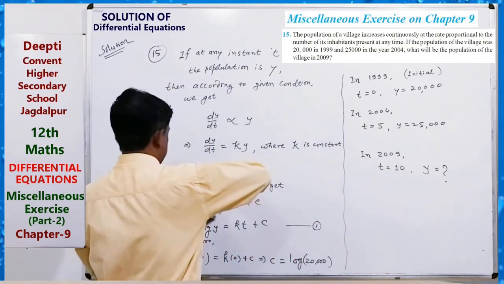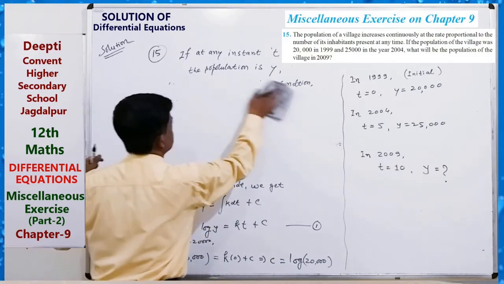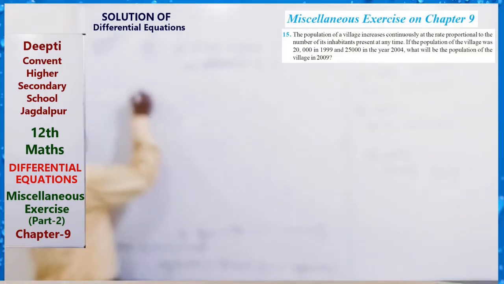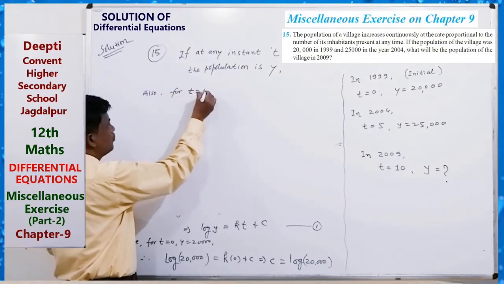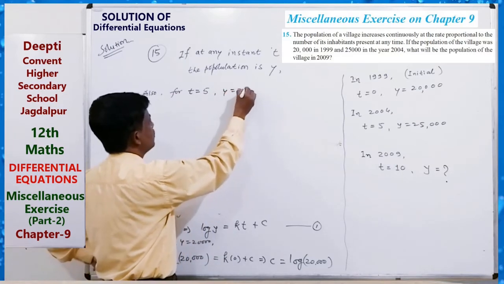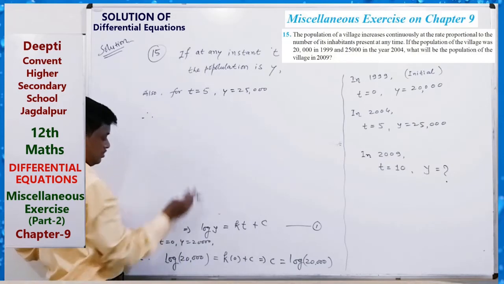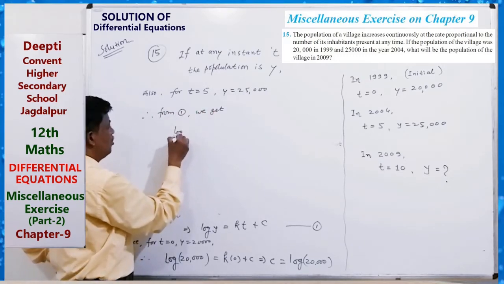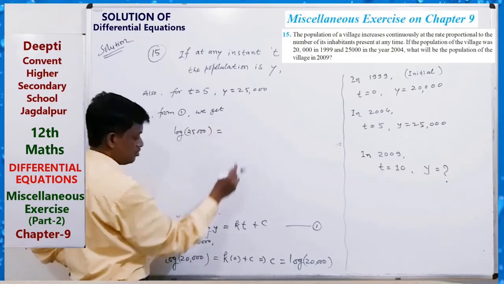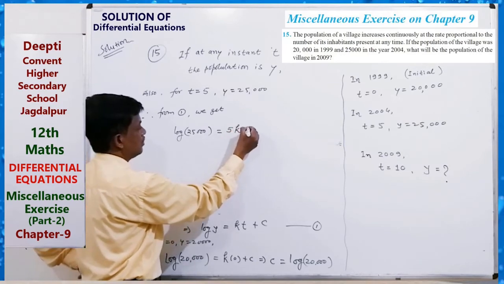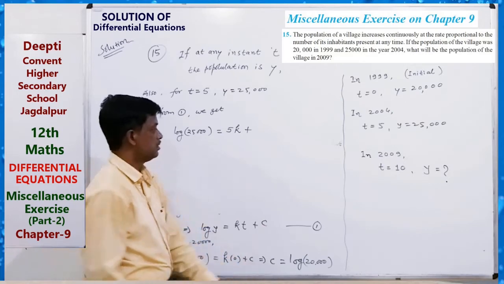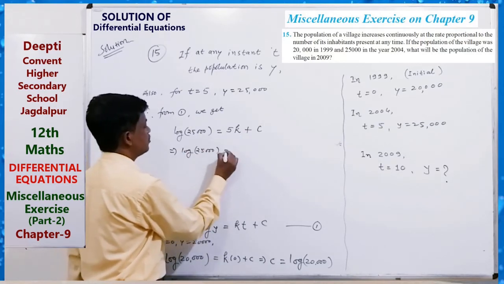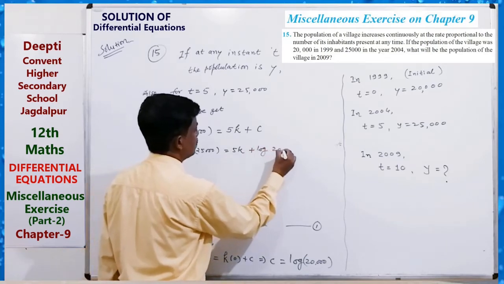And using the second condition, for t equals 5, y equals 25,000, therefore from 1 we get log of 25,000 equals 5k plus c, which implies log of 25,000 equals 5k plus log of 20,000.